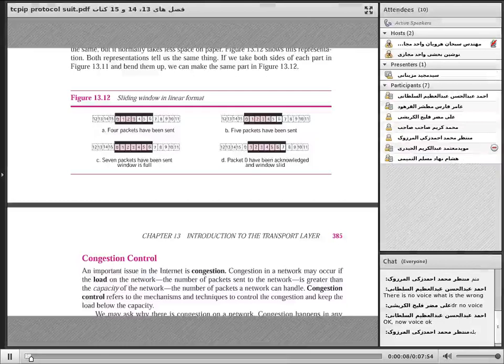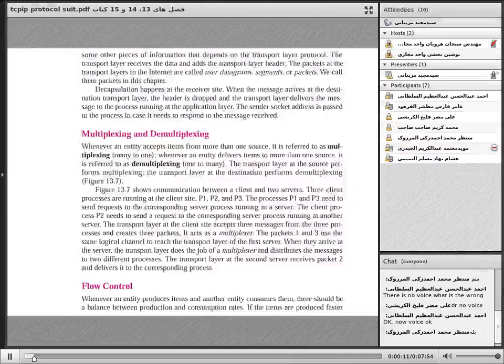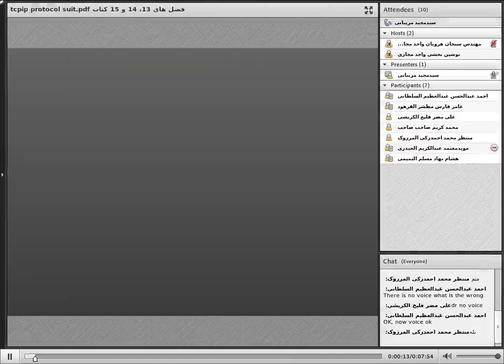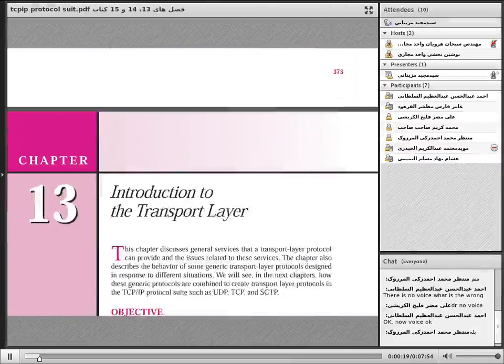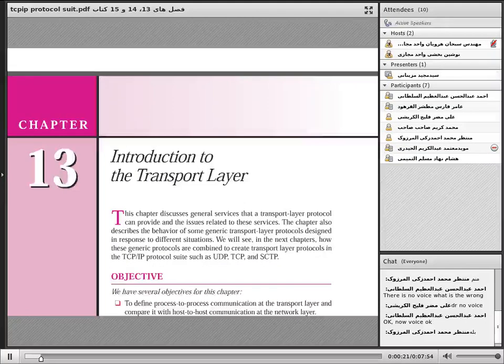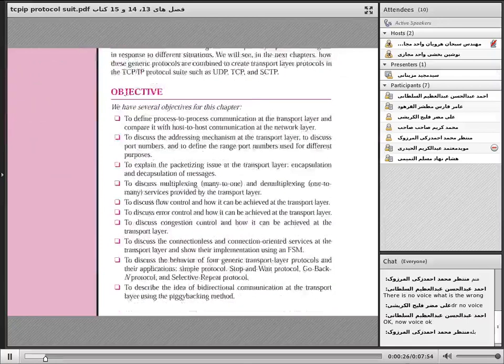جلسه قبل یه سری مطالبی رو خدمتتون توضیح دادم از فصل 13، Introduction to the Transport Layer. I told you about the objective of transport layer in the previous session.